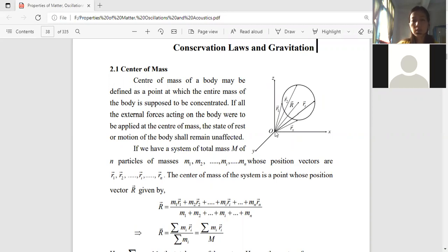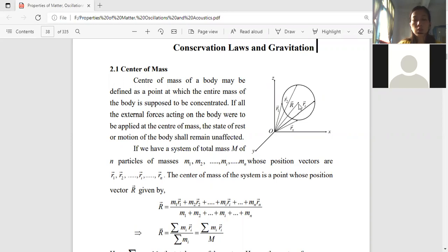Center of mass and center of coordinate system. This is the center of mass.